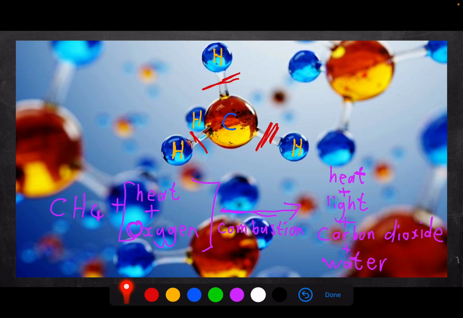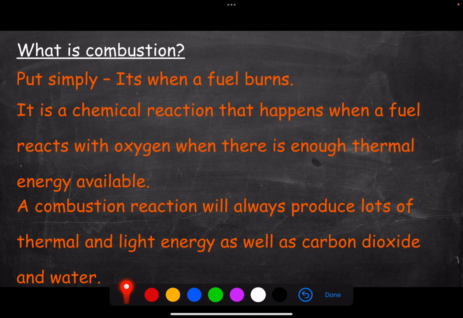Because fuels burn so easily, they need way less energy to get them to burn than the energy they release once they burn. So let's take a look at what combustion is. By definition, put simply, it's when a fuel burns. And if I go further into it, it's a chemical reaction that happens when a fuel reacts with oxygen. So combustion cannot happen if there is no oxygen present.